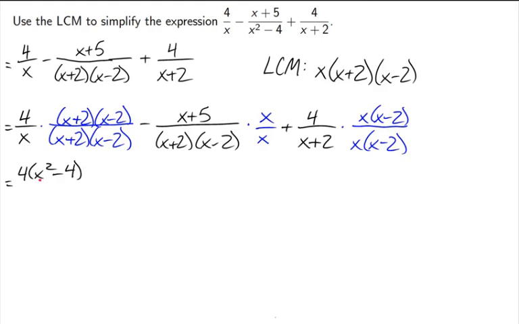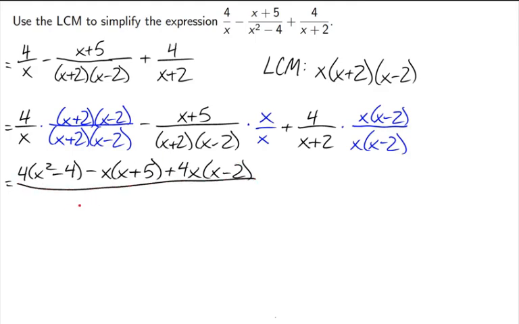And then I've got minus x times x plus 5, and then plus 4x times x minus 2. So you'll notice what I've done is I've just combined all of these expressions into the numerator, and in the denominator I get the common value of x times x plus 2 times x minus 2.